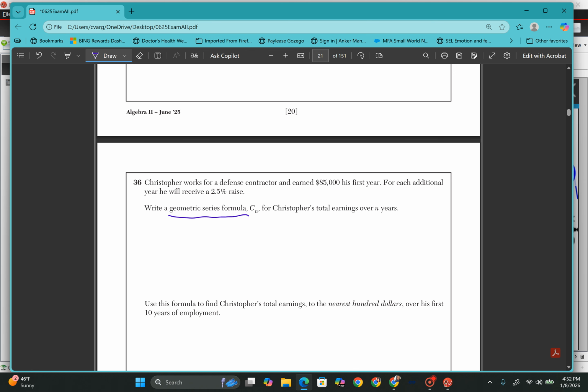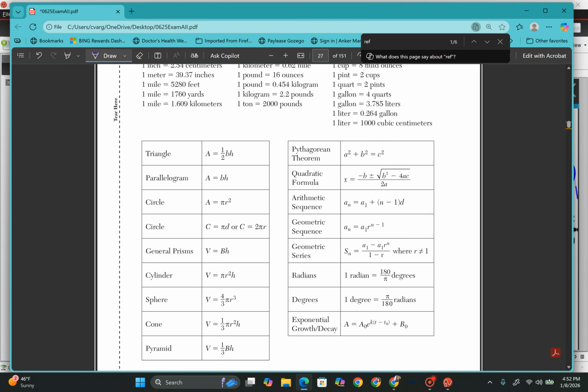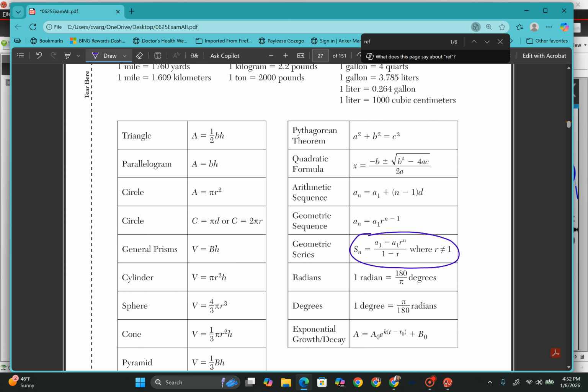Geometric series formula. And if you look at the reference sheet for this question, let's see if we can find it quick. Yeah, reference sheet. So you see how there's a geometric series formula right here. So we are going to use this geometric series formula for this problem that we have.